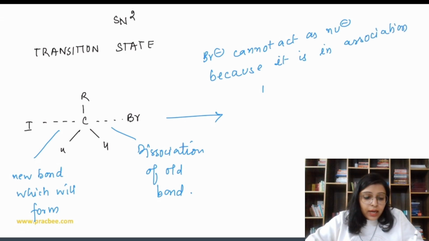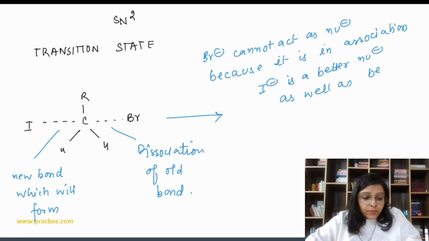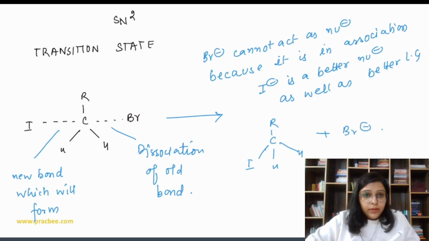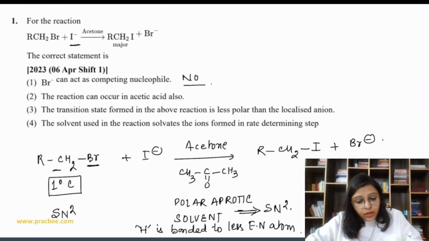And we know that I minus is a better nucleophile as well as a better leaving group. So what happens after some time? We have C, here we write I, here H, H, and Br minus. Clear? Fine. So Br minus cannot act as a nucleophile.